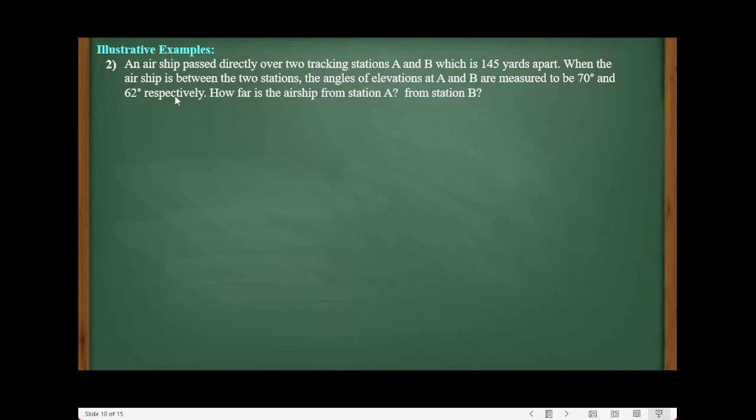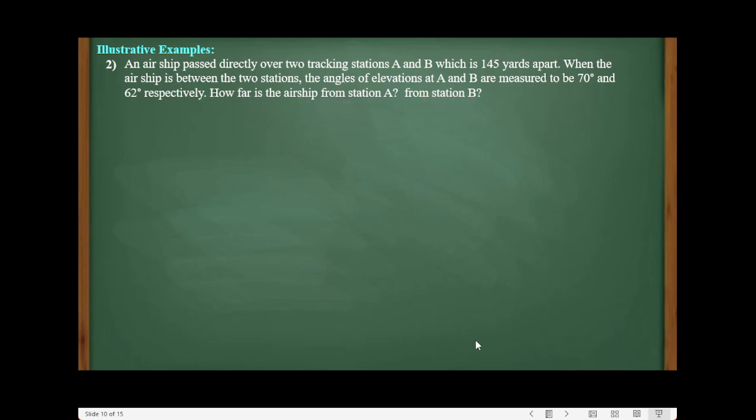Now when the airship is between the two stations, the angles of elevation at station A and station B are measured 70 degrees and 62 degrees respectively. So it means the 70-degree angle is at point A and the 62-degree angle is at point B, their respective vertices. Now, how far is the airship from station A, and how far is this airship this time from station B?